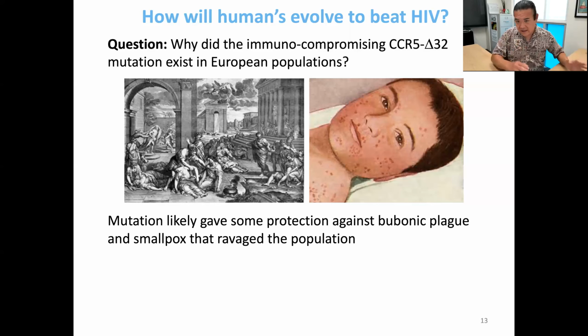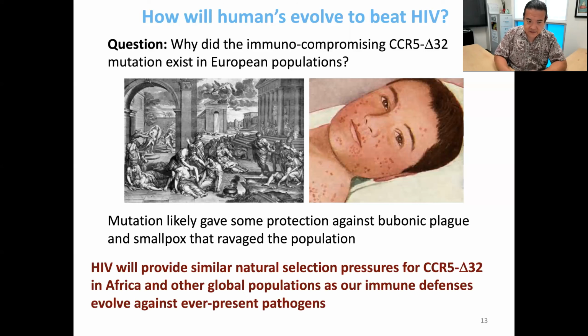So back in the history of Europe, Western Europe, when things like the Black Death, bubonic plague, right, killed millions upon millions of people, right, people who had this mutation were more likely to be able to survive. And therefore, this mutation got passed on to their offspring. So I want you to think about this.